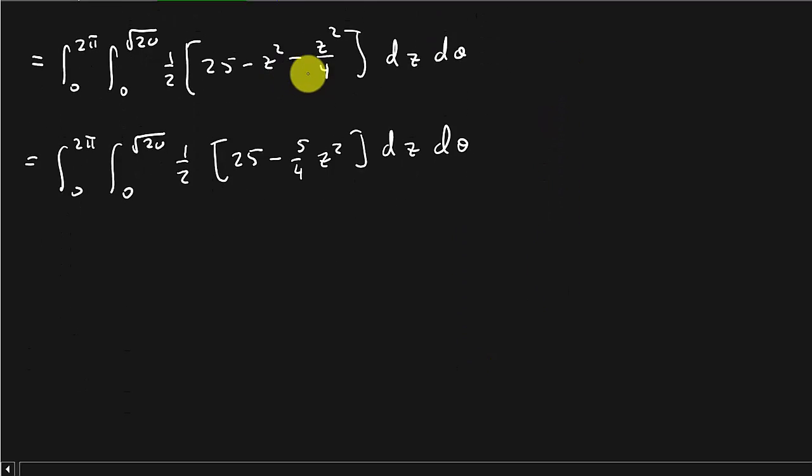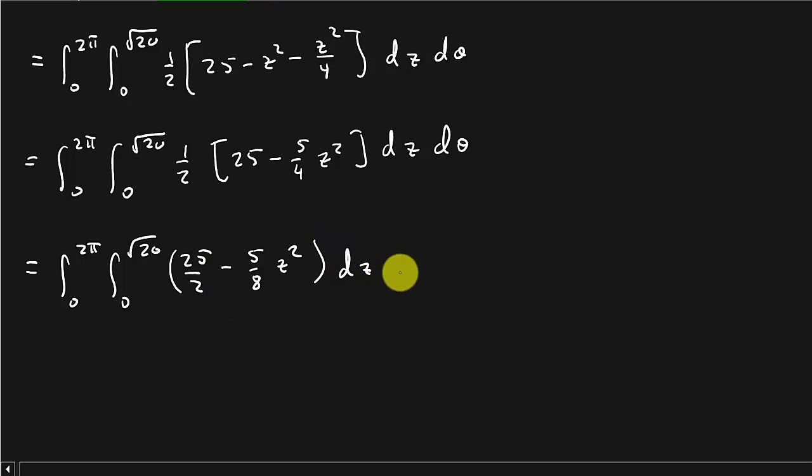I just added those two fractions there. All right, so now I've got 0 to 2 pi, 0 to square root of 20. Let's go ahead and distribute that 1/2. So that's 25 over 2 minus 5/8 z squared, and that's going to be dz d theta.